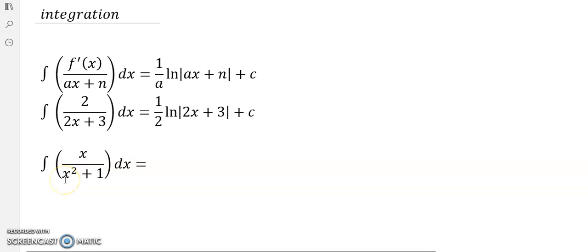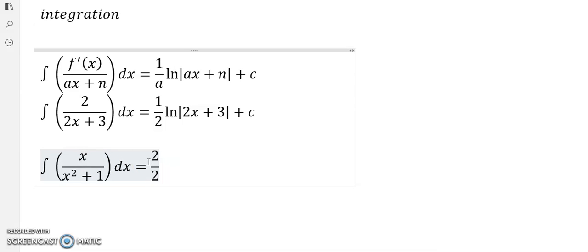And here we have x to the power 2, meaning that the derivative of x to the power 2 will give us 2x. So here we're supposed to have 2x, not x. To make it to be 2x, we have to do it like this: 2 divided by 2. 2 divided by 2 is 1.